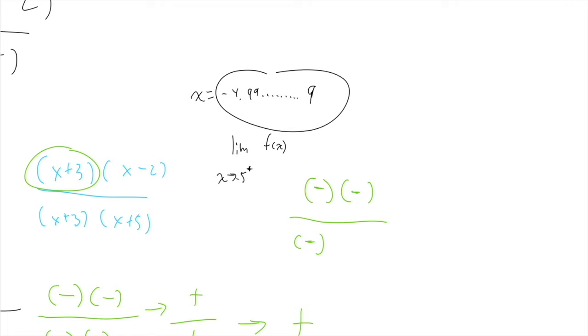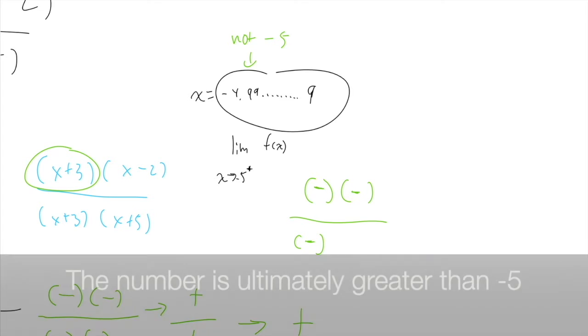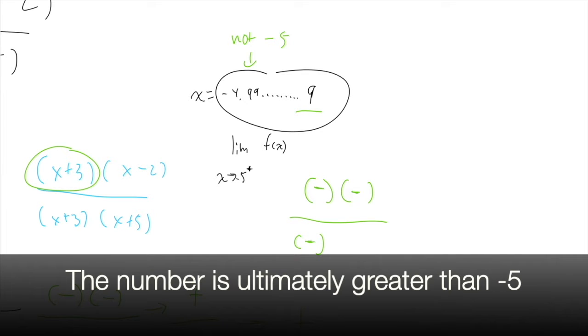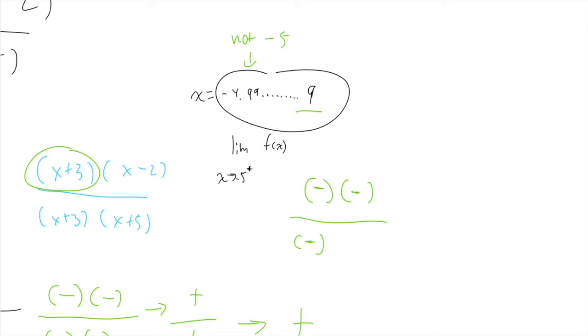Because if we add -4.999 to 5, well, 5 is going to outweigh this number because it has that one extra sort of push to it that's going to outweigh the 4.999. This right here is not -5. It's very close to -5, but there is an end to it, that final 9, that makes it not -5.